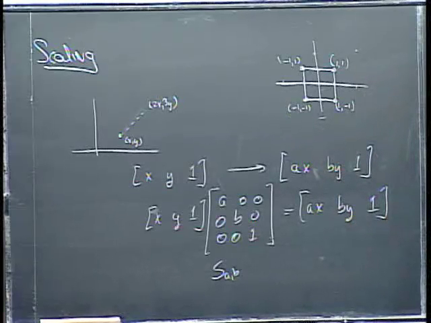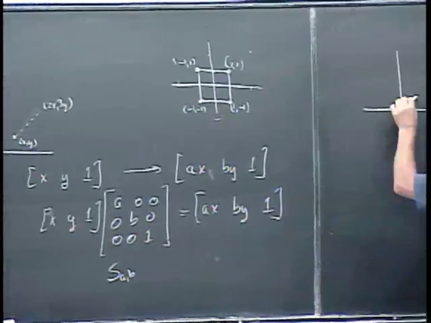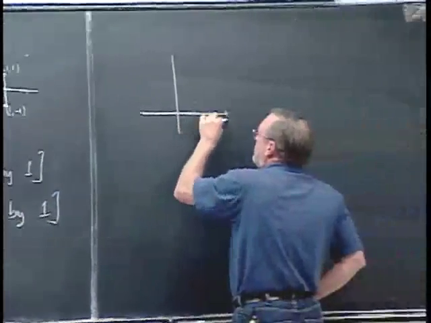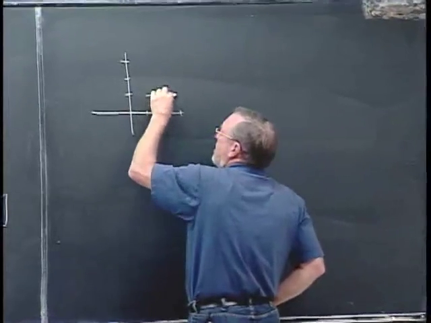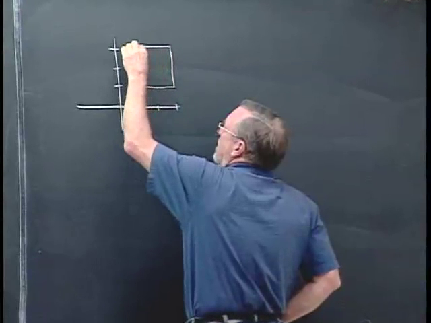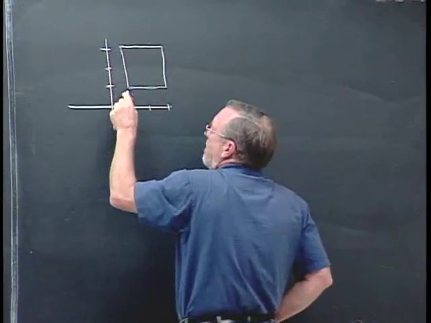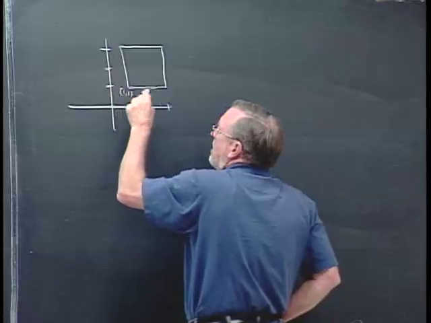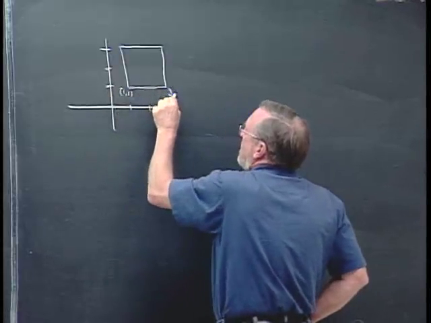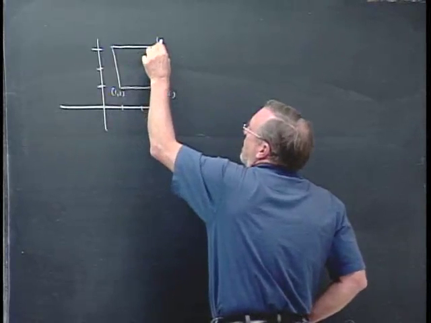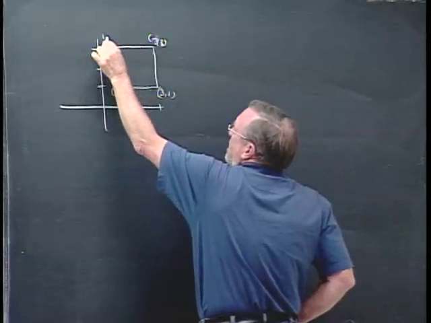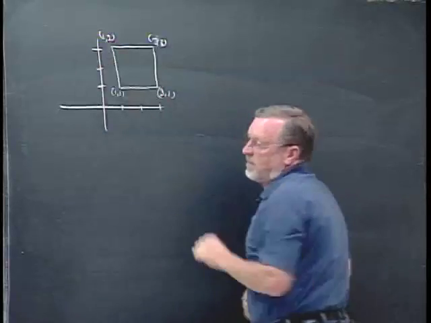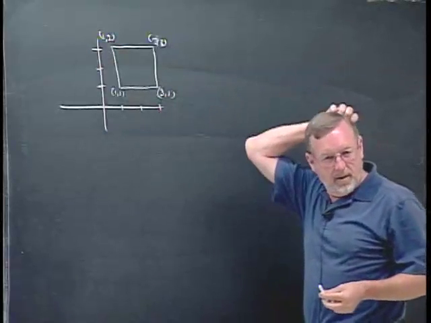But suppose I had my square, 2 units on a side, over here, with corners at 1, 1, and 3, 1, and 1, 3, and 3, 3. Here's another same square.